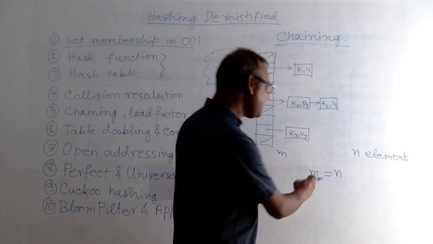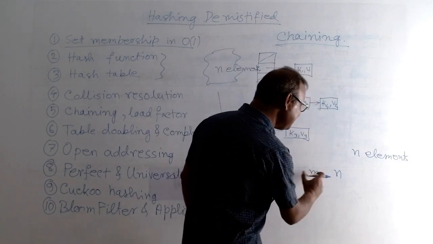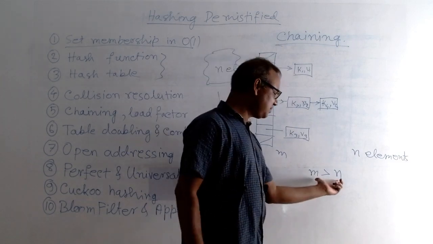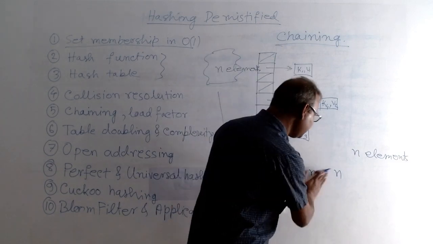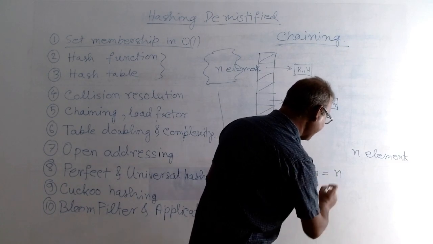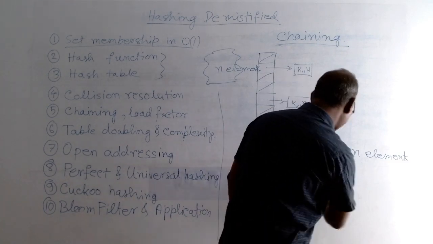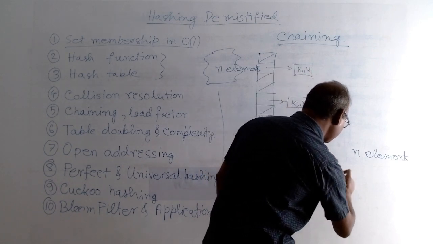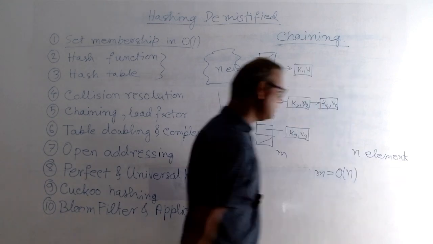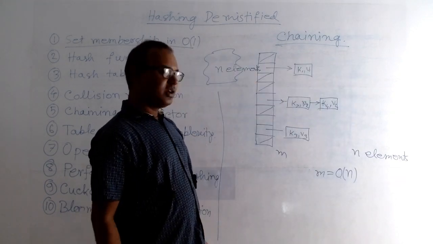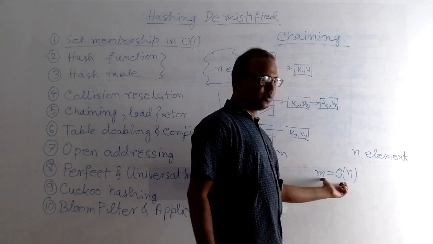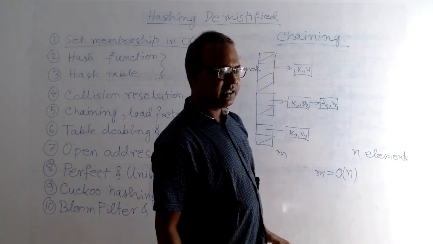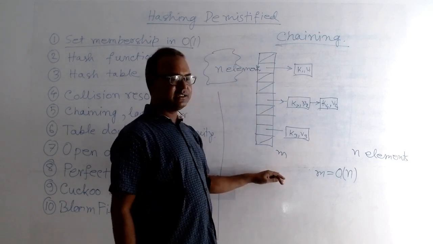And if we take m a little bit bigger than n, not very much, almost equal, so m is order of n, meaning m is almost equal to n. Maybe m is a little bit bigger or n is a little bit bigger, that is fine. So we can handle these things with chaining.